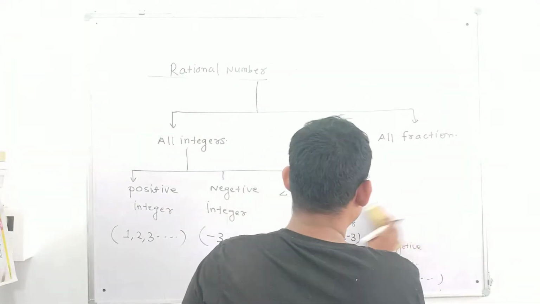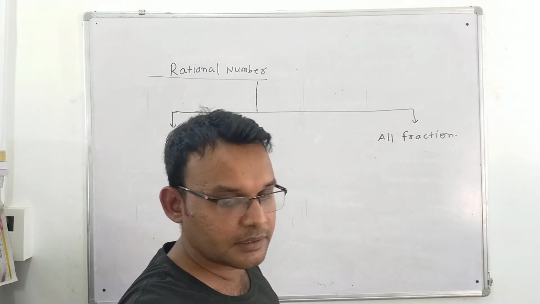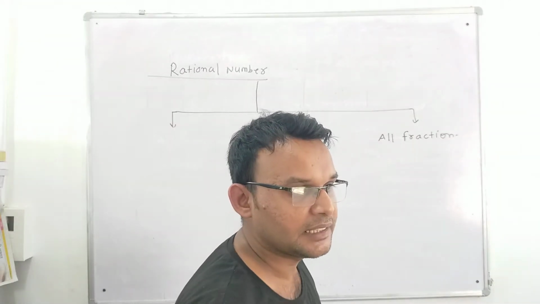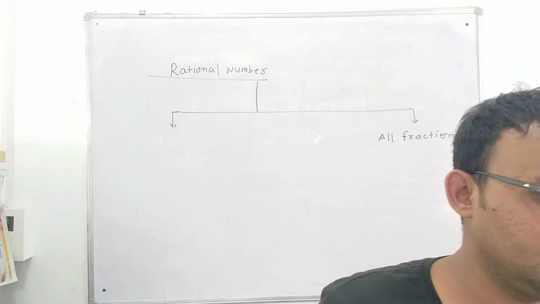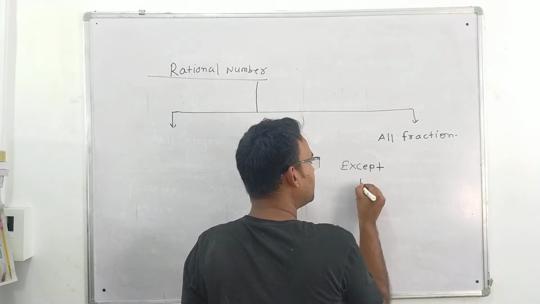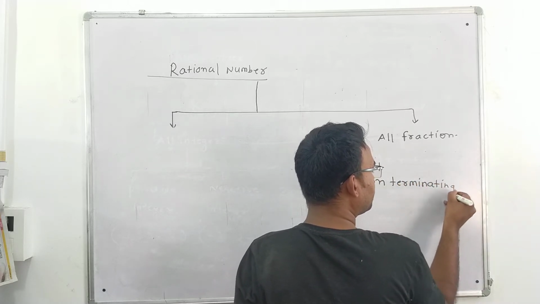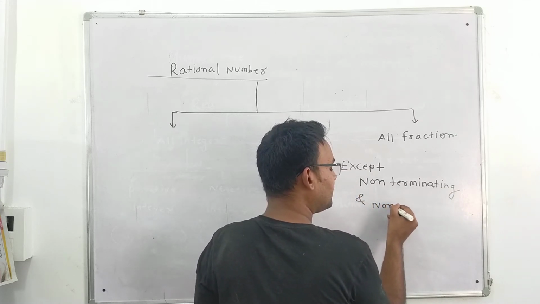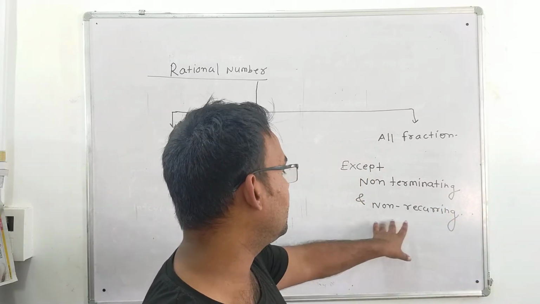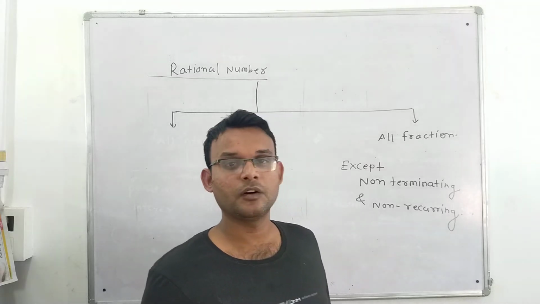Now next is all fractions. Exception is there in case of all fractions, and that is except non-terminating and non-recurring fractions, because non-terminating and non-recurring fractions are called irrational numbers.